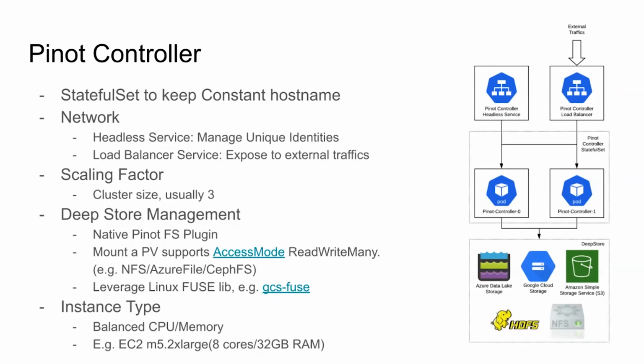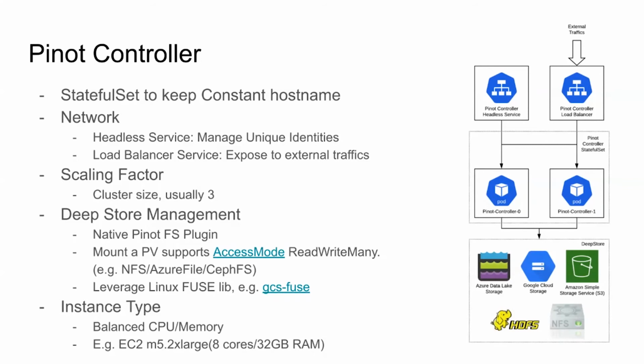Another way is that you can mount a persistent volume which supports the access mode ReadWriteMany, as we need to mount the same persistent volume to all the Pinot controller nodes. Currently, there's only things like NFS, Azure Files or CephFS, so very limited support for that. The third option is that we can leverage a Linux FUSE library.